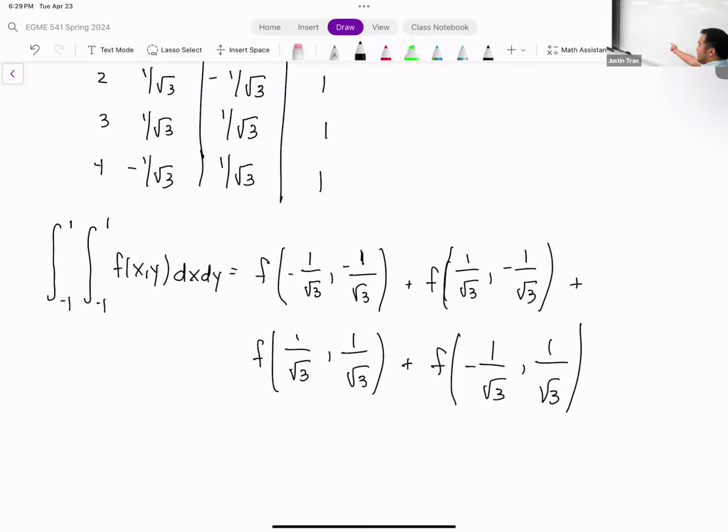So pretty straightforward, right? We've already done 1D Gauss quadrature, so this is just doing the same thing. Any questions on this before we do an example?